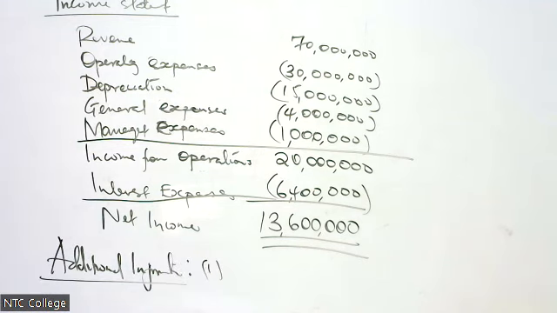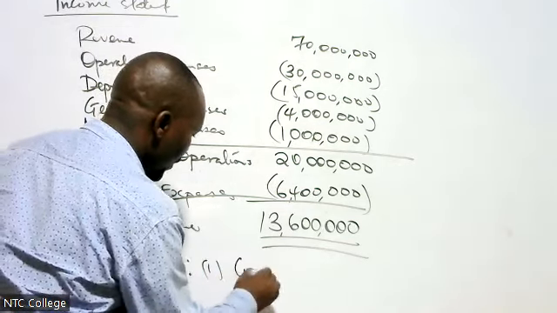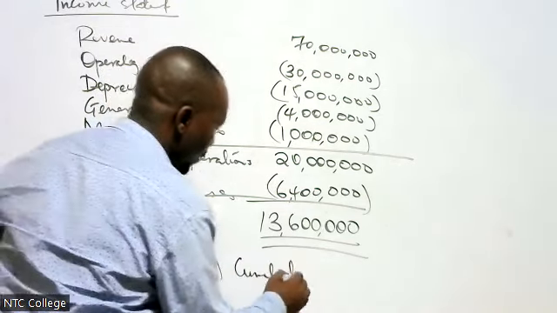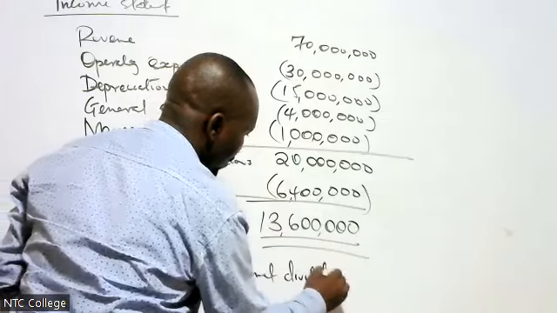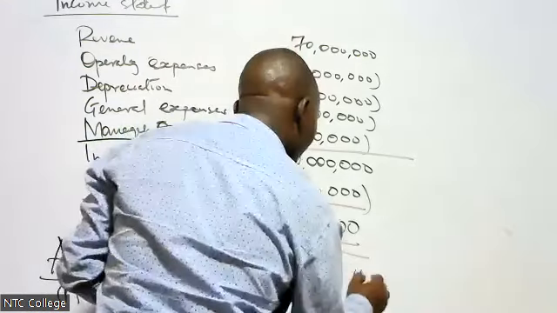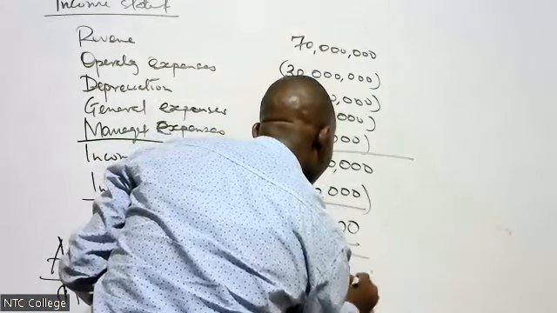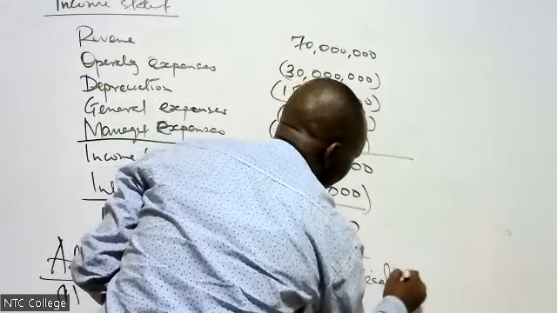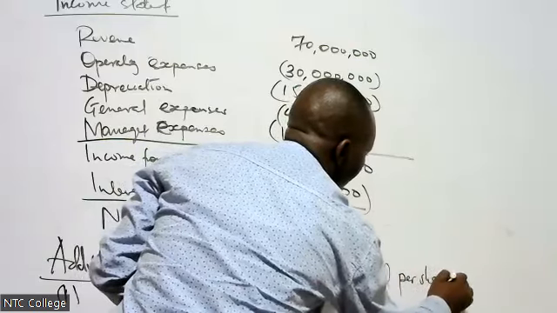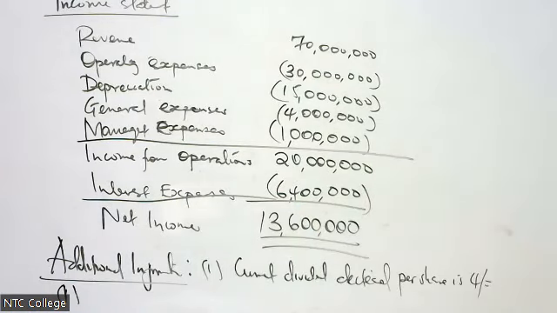So the first one, current dividend declared per share is 4 shillings. That is the current dividend that was declared.